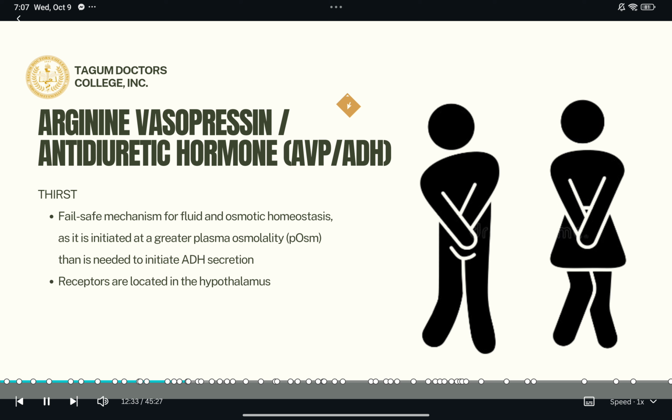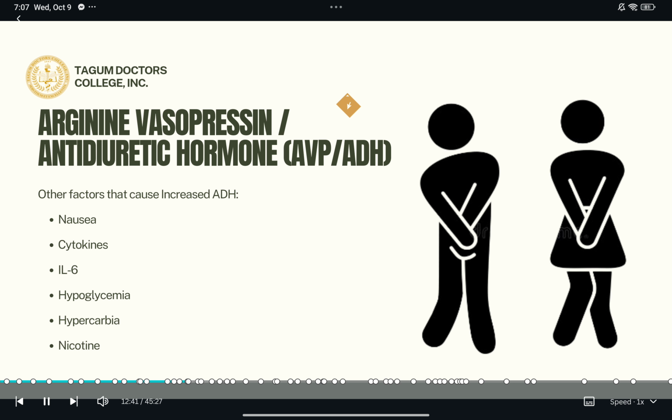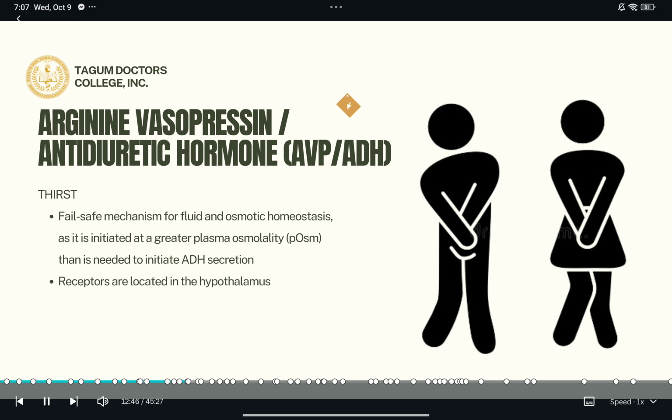So it keeps us from getting dehydrated. Okay. So if there is something that causes us to possibly be dehydrated, it causes an increase in our vasopressin. But aside from vasopressin, we also have a fail-safe mechanism that the body induces, which gives us a feeling of being thirsty.